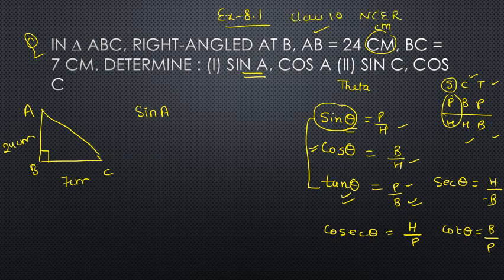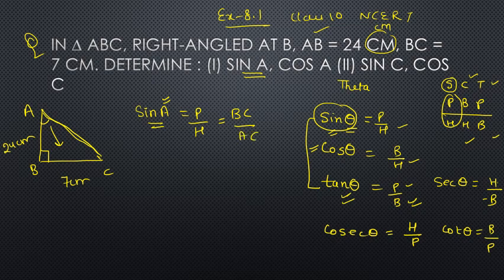Okay, so sine A. We know the formula for sine theta: perpendicular upon hypotenuse. Now you have to think, opposite to A, what's the side? BC. So that will be your perpendicular. Hypotenuse always remains fixed, which is opposite to the 90-degree angle. That means AC, right?